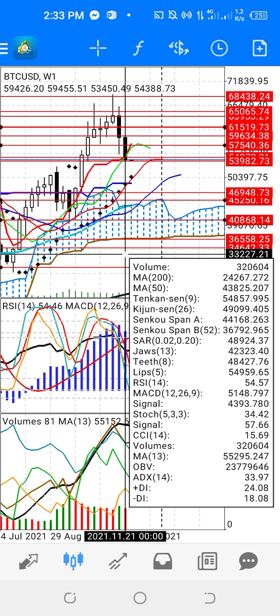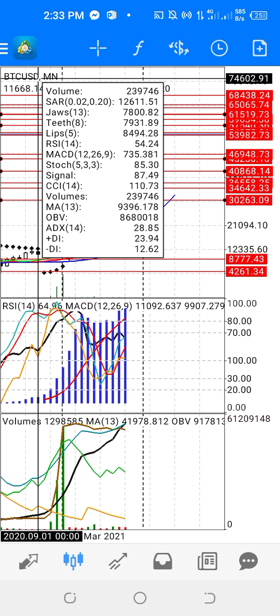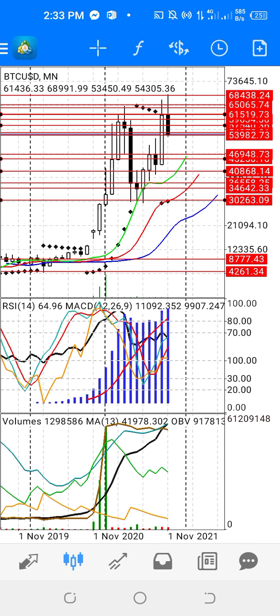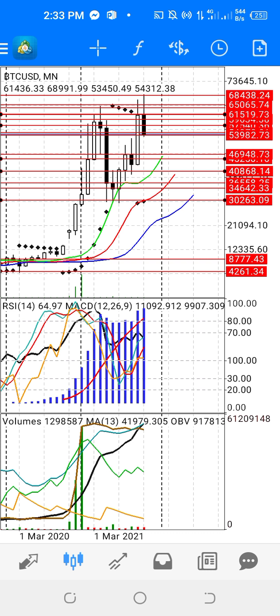If you see that, it is not advisable to invest in Bitcoin, to buy Bitcoin. For me, it's not yet. It's not advisable since we have to position first.